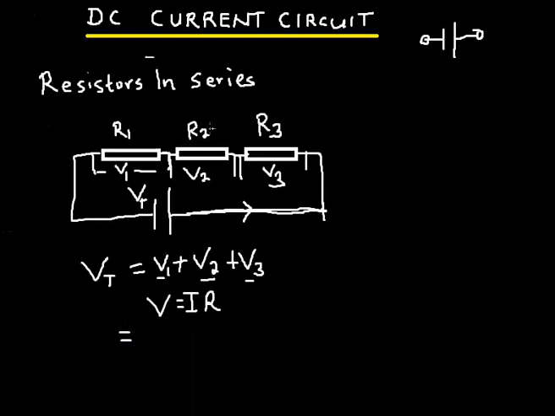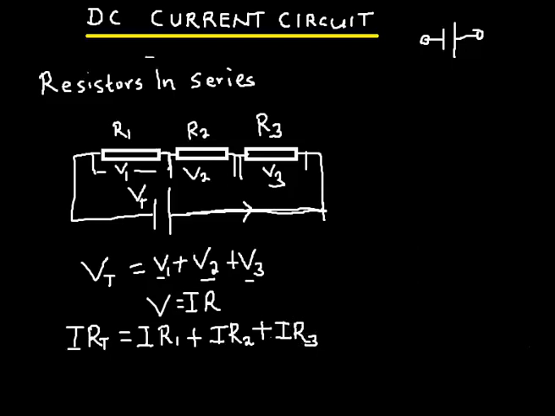Don't forget that the current is the same throughout. For V1, that's going to be IR1. For V2, that's going to be IR2. Then for V3, that's going to be IR3.